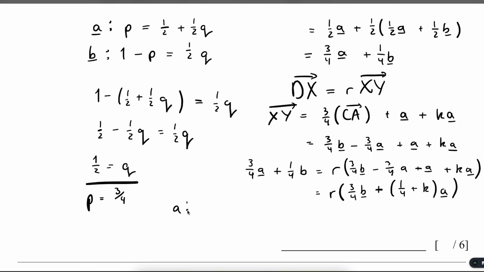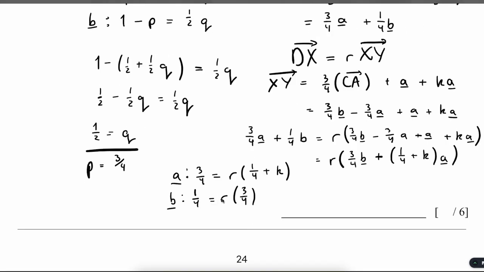So compare the A's. 3 over 4 is equal to R lots of 1 over 4 plus K, and compare the B's. 1 over 4 equals R lots of 3 over 4. So we can easily see here that R is 1/3.